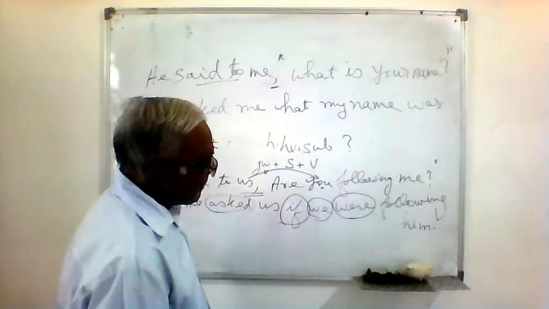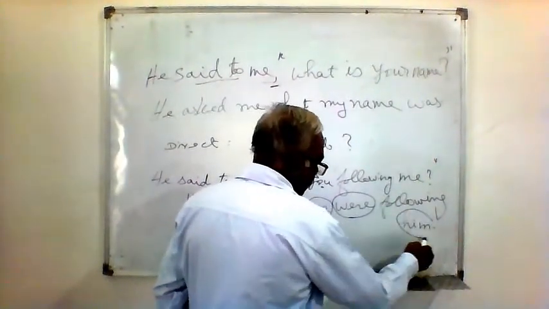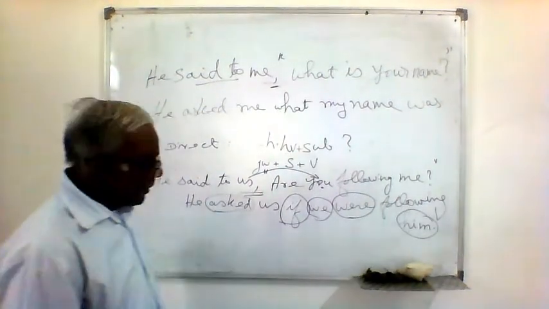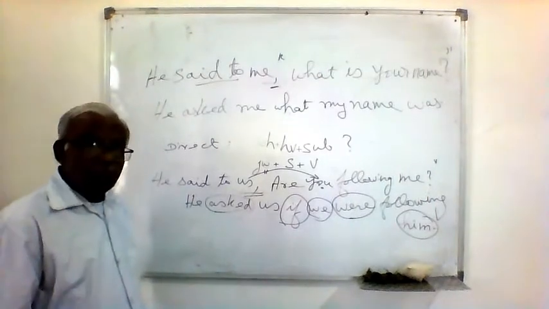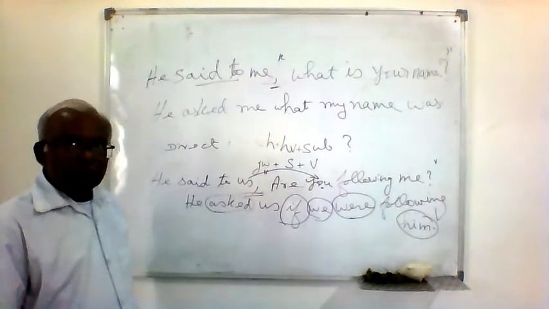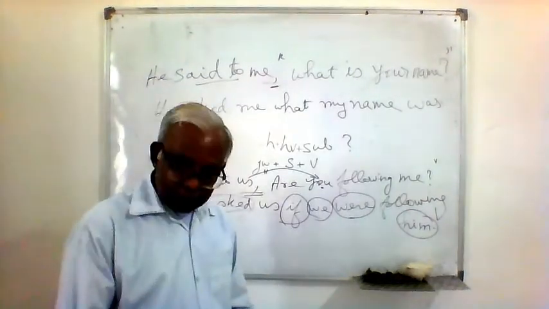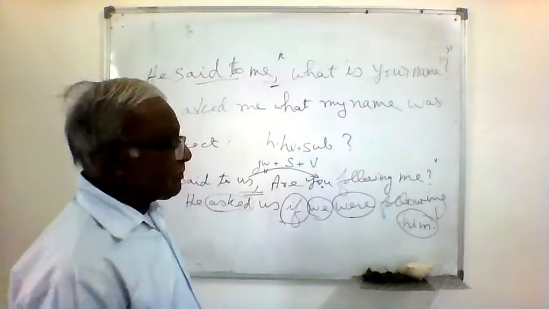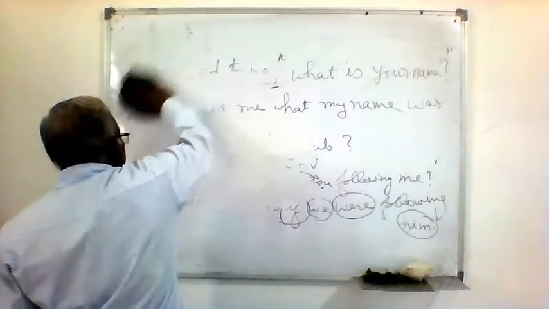And finally, the "me" here has become "him." Or every word of nearness has changed into word of distance. The reason being to keep the same meaning. He asked us if we were following him. I'll do one more sentence of this type so that you are able to register it. Then we will have some assignment.